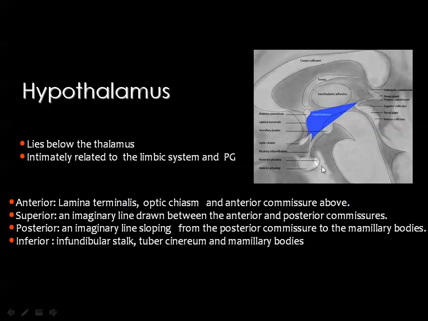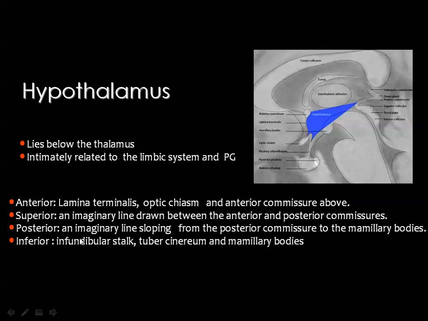If you know that this is the pituitary gland and this is the infundibulum, this is the infundibular recess of the third ventricle, and then the optic recess of the third ventricle, and this is the optic chiasm, and this is the lamina terminalis, and this is the anterior commissure, and here is the posterior commissure, and you see the region of the mammillary body and the region of the tuber cinereum.